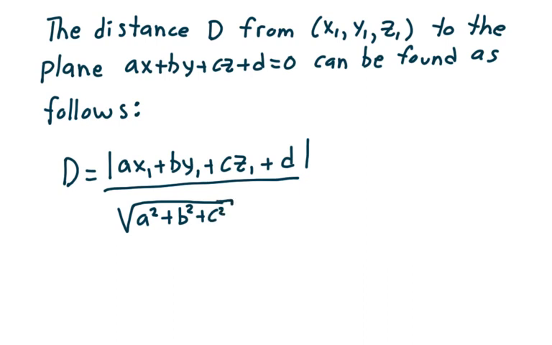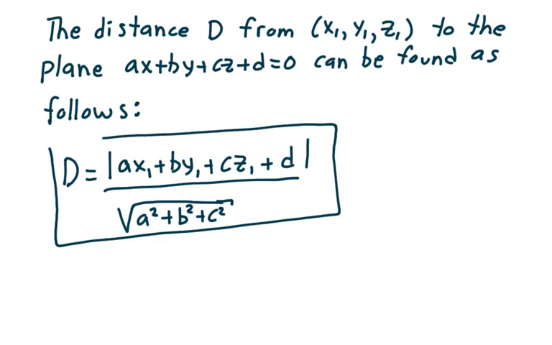So you can kind of see it's a very similar formula to what we did earlier when we found the distance from a point to a line. But we're going to learn about this formula that I'm checkmarking in section 12.5.